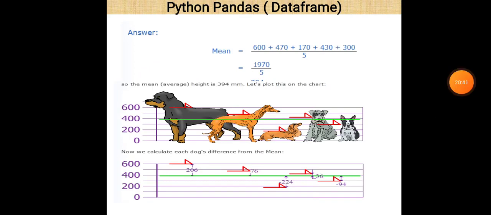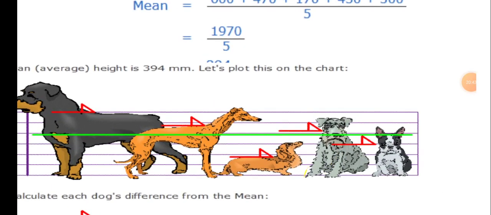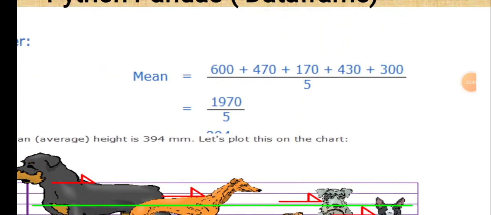Add all these values, 600 plus 470 plus 170 plus 430 plus 300, and divide by the total number, which is 5 here.